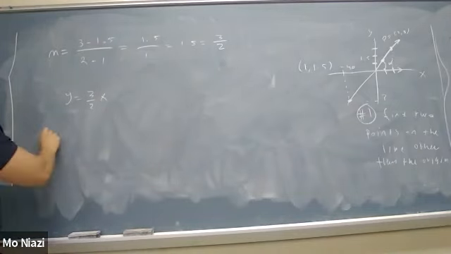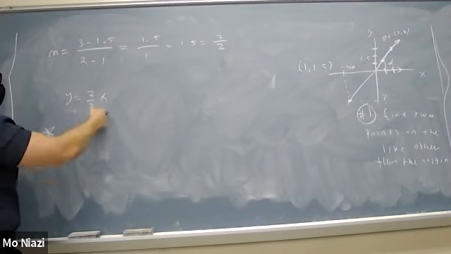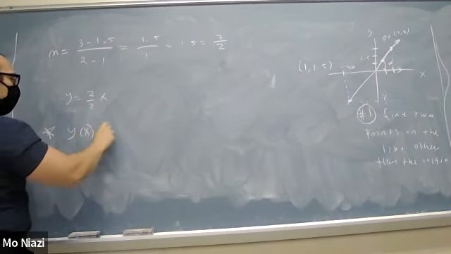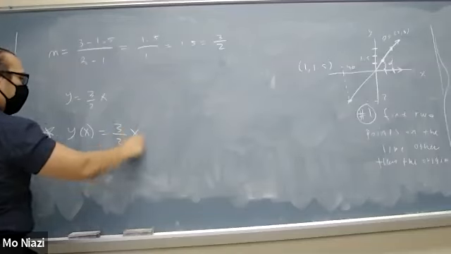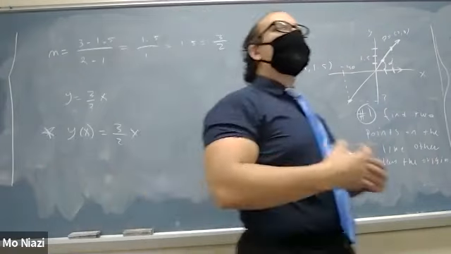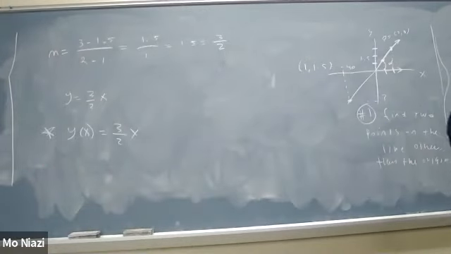Here's a hint. This equation for a line, y is a function of x. What does it mean to be a function of x? If y is a function of x, that means y's values are determined by the input values x. So y is dependent on what we put into it.